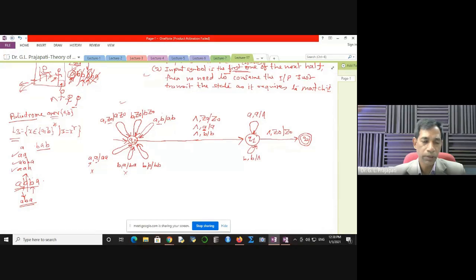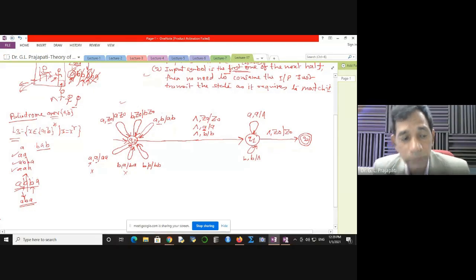The machine is required to make the third guess also. What third guess? The machine thinks that the next input it is going to read is the midpoint, the mid symbol of the odd length string.